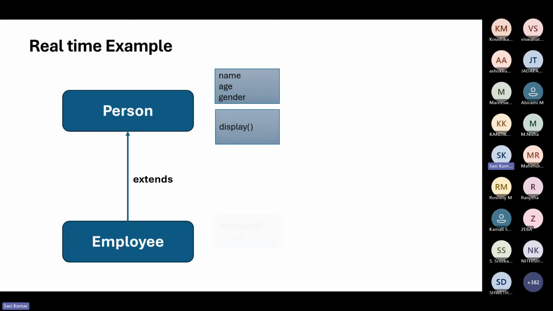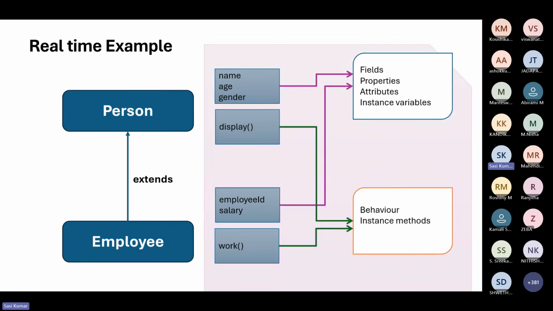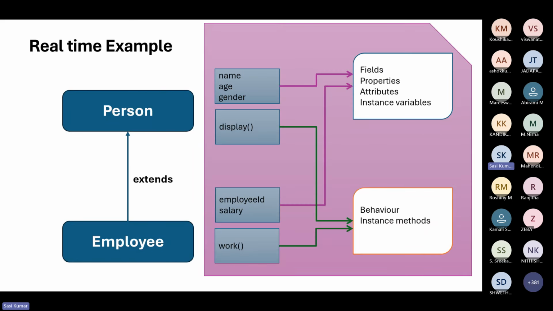All the person class properties and methods are inherited to the employee class. Now the employee class has its own properties, right? So the above are called fields or properties, or attributes or instance variables. Display and work, these are two instance methods.